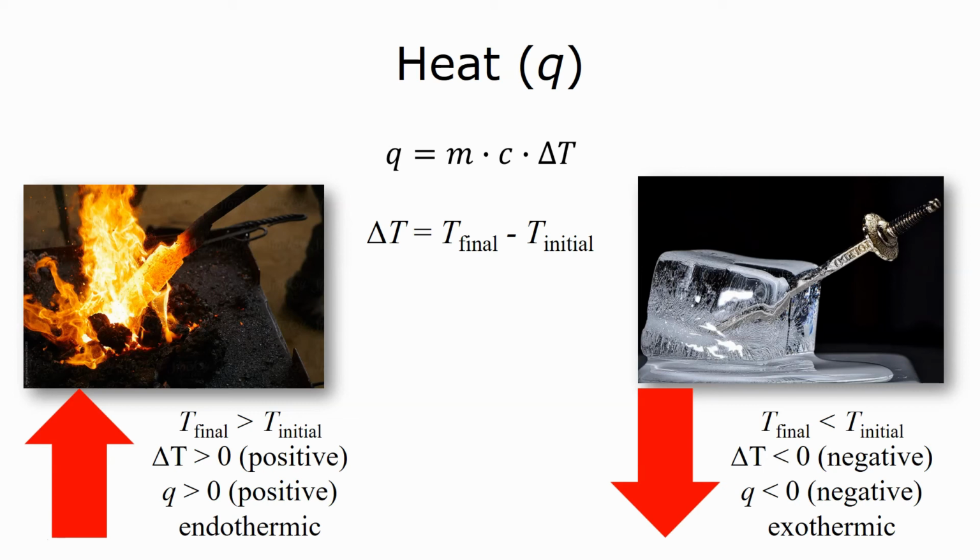This is how we know that we have an endothermic process. However, if heat is leaving the system, then the final temperature is going to be lower than the initial temperature, which means that the delta T is going to be negative, which is going to make Q negative. Now, we can have negative heat. Remember, this is heat flow. If we have negative heat, that means that we have an exothermic process.